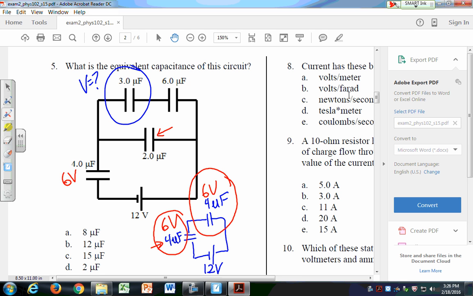In fact, we can think of these top 3 as looking like this: a 2 microfarad, because that's the 3 and the 6 together, and a 2 microfarad. And they each have 6, or sorry, never mind. What is the voltage across this capacitor?